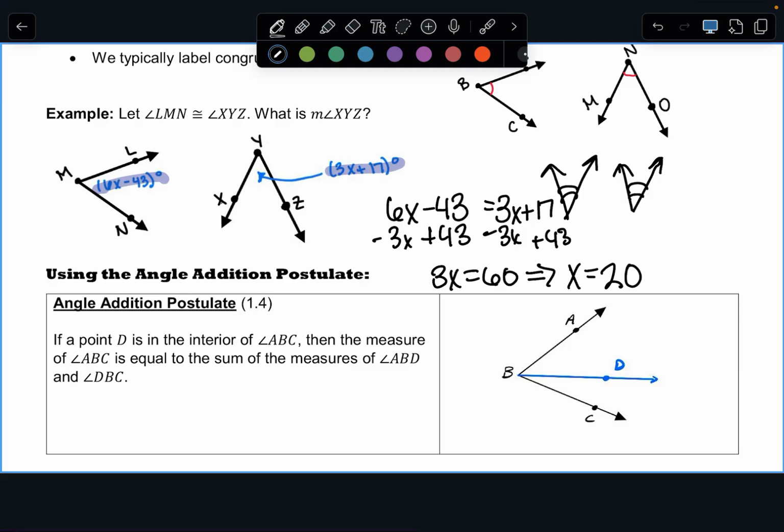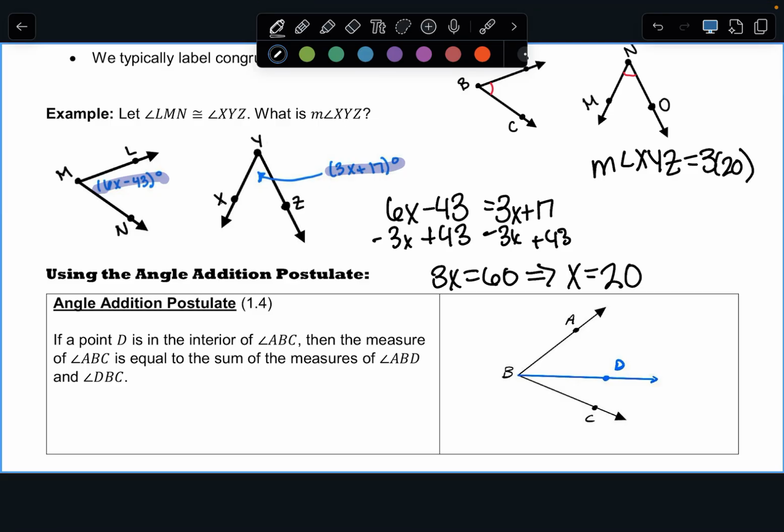No. What's it asking us to find? The measure of angle XYZ. So what do I need to do with this 20? Plug it in. The measure of angle XYZ is equal to 3x, but x was 20.